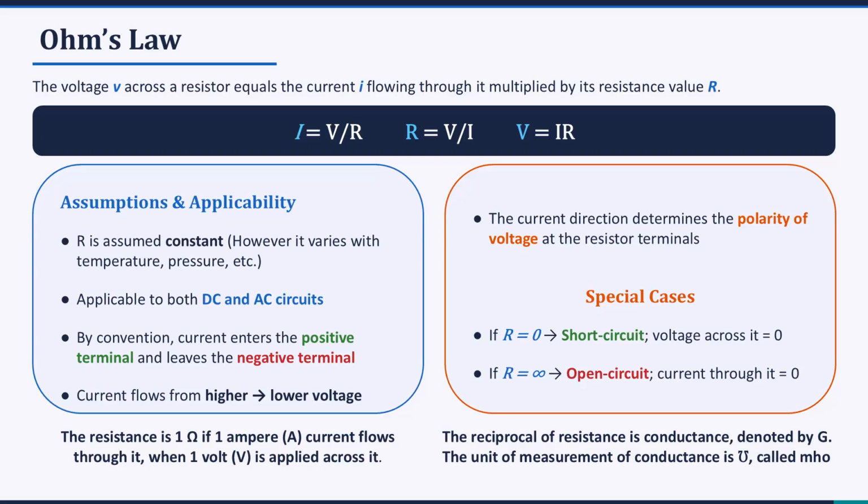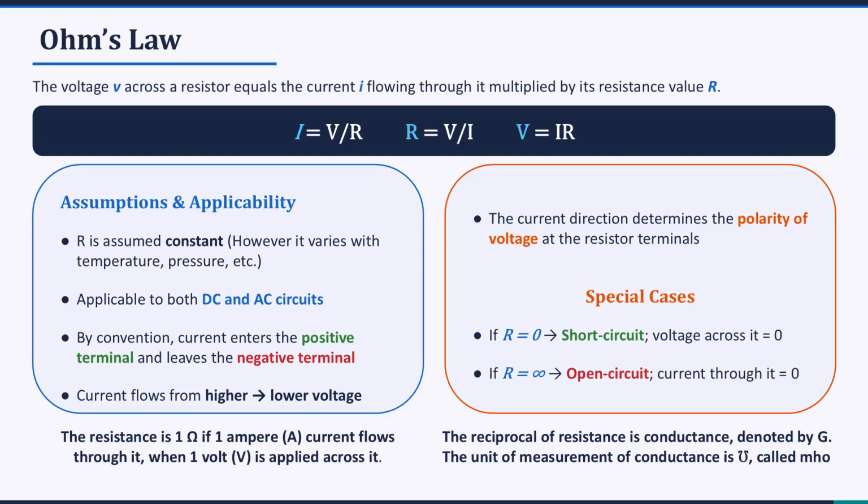Now, on the left side of the slide, we have the assumptions and applicability of Ohm's law. Keep these in mind. First, in this lecture, resistance R is assumed to be constant. In reality, resistance does vary with temperature, pressure, and material conditions. But for now, we treat it as a fixed value.